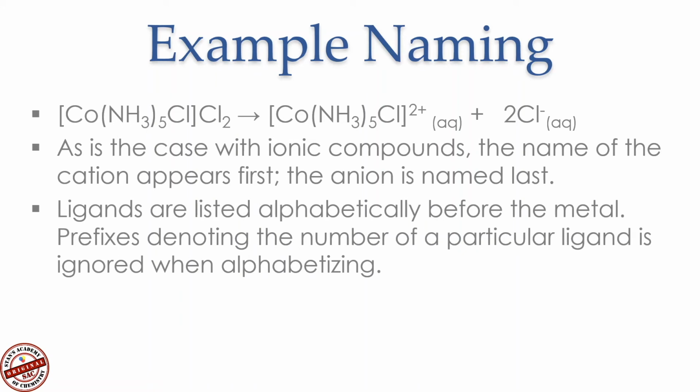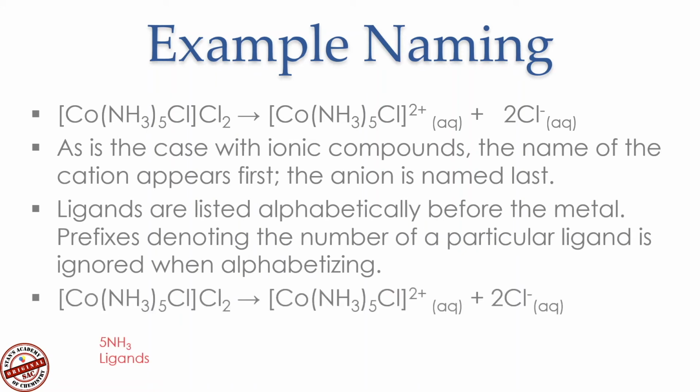We have to name the positive part first. Within the complex you have 5 NH3 ligands and 1 chloride ligand within the coordination sphere. The oxidation number of cobalt is +3 in this case, and we have an anion which ionizes to produce 2 chloride ions.